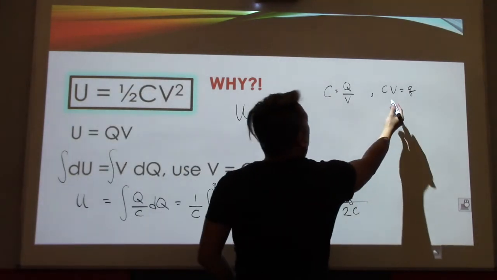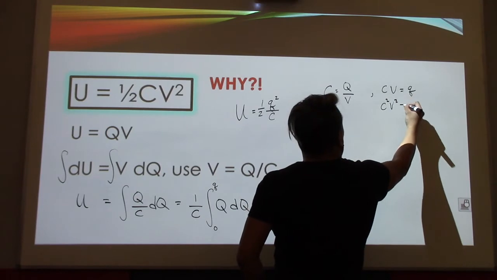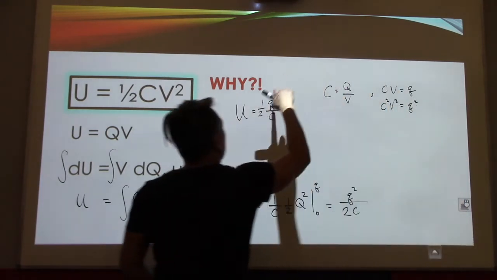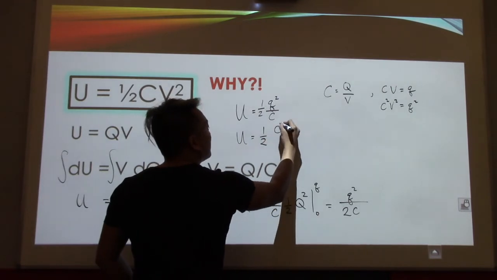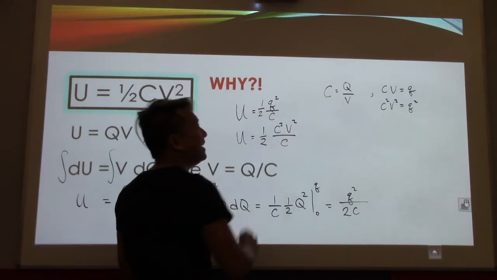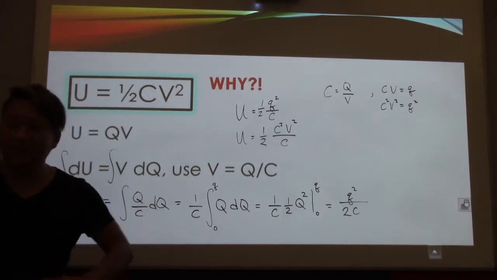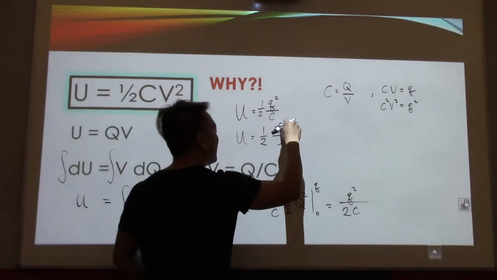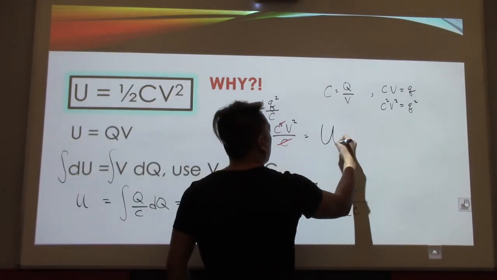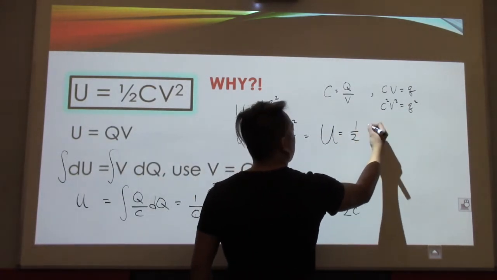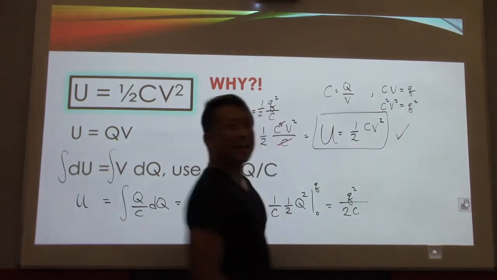So if I were to take this Q, square it, C squared V squared equals Q squared. Boom. U equals 1/2 C squared V squared over C. Lovely, right? And I love using red. Cancel, cancel. And then we get U equals 1/2 CV squared. Boom. That's how we get it.